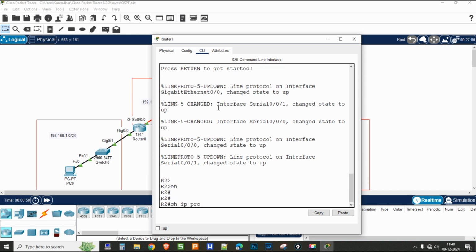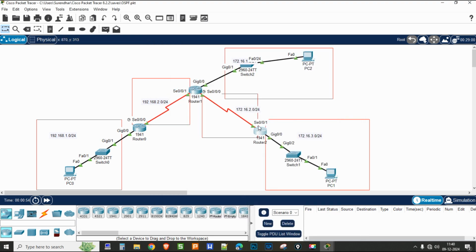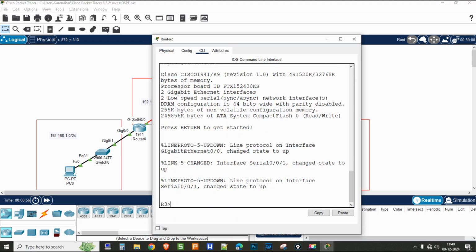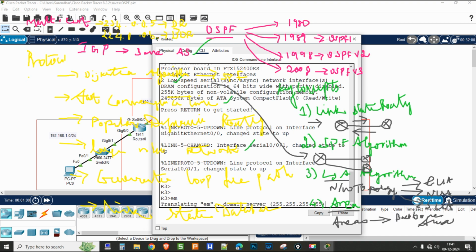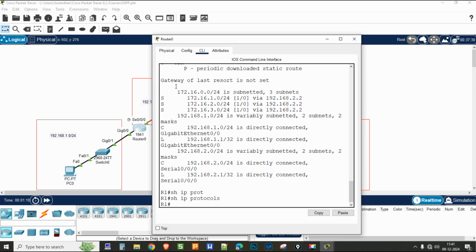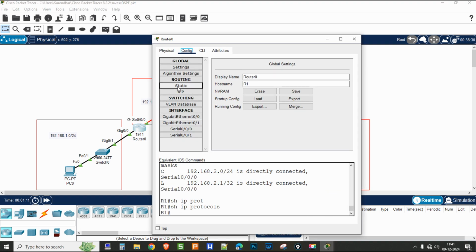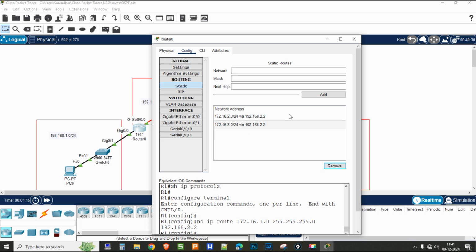Then I check whether any static routing is configured. Yes, I removed the static route.